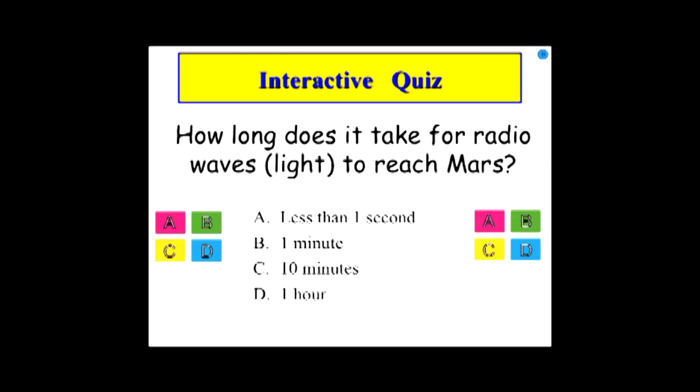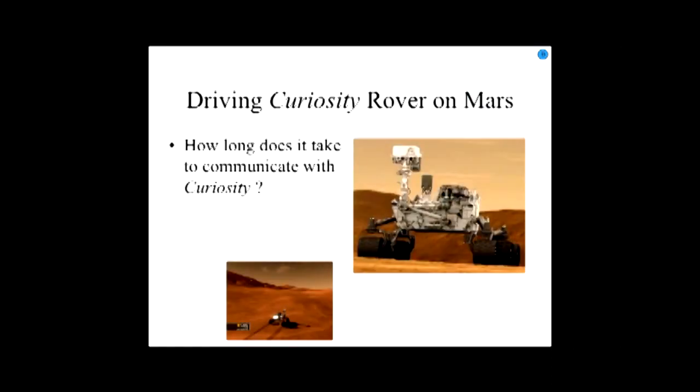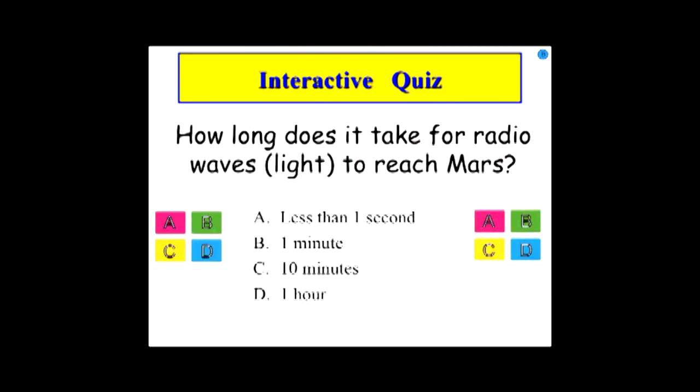How long does it take radio waves to go from the Earth, where we have our control systems for NASA, to Mars? Give it a little bit of thought. I'll give you 10 seconds, and then I'll ask for your answers.